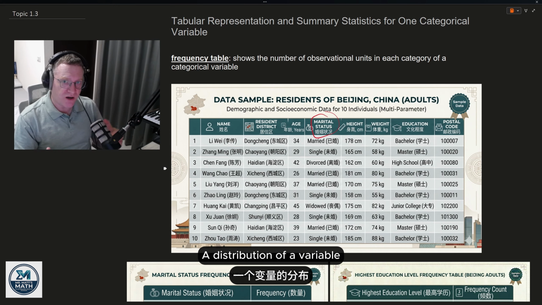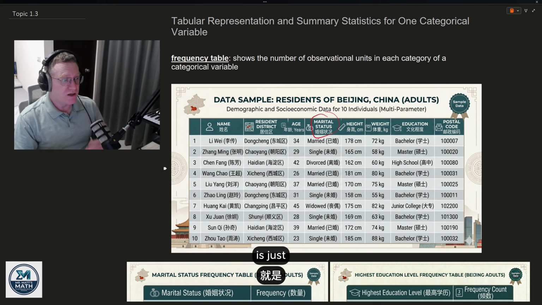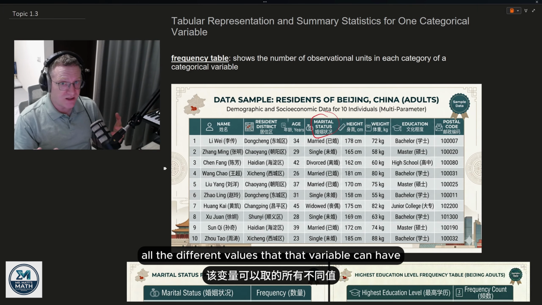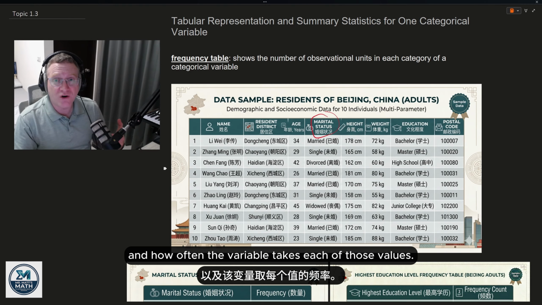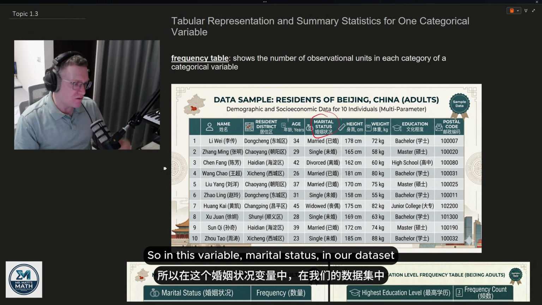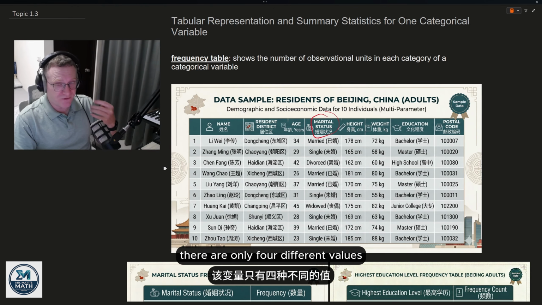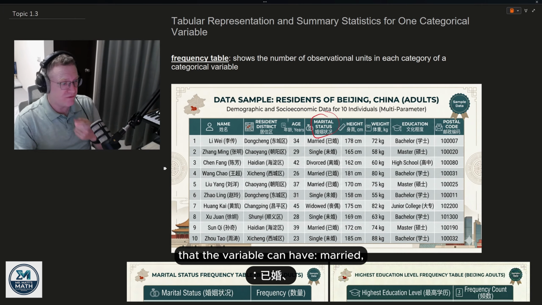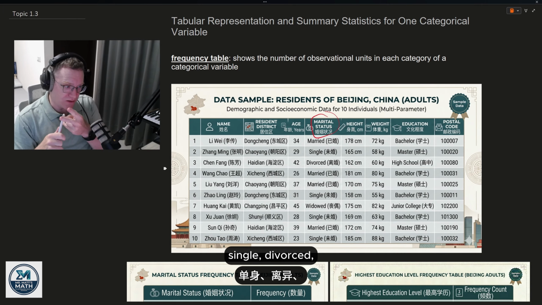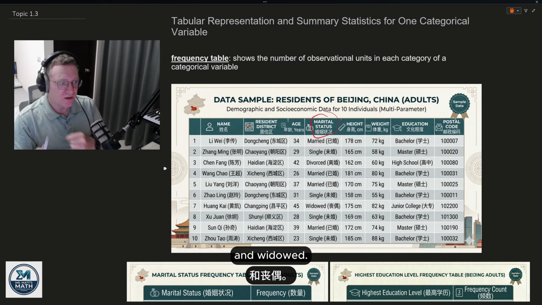A distribution of a variable is just all the different values that that variable can have and how often the variable takes each of those values. So in this variable, marital status, in our data set, there are only 4 different values that the variable could have: married, single, divorced, and widowed.